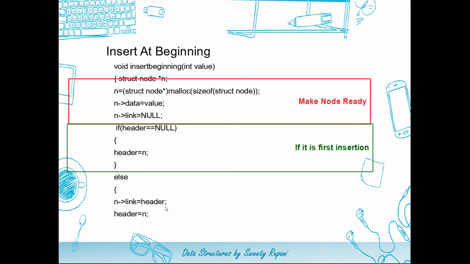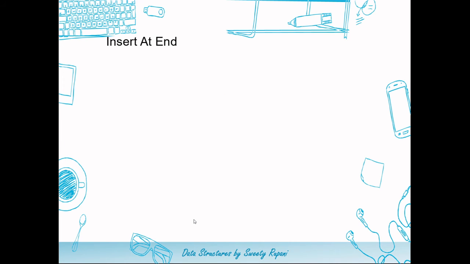So the header's value would be copied to the newly created node's link part, and header would be updated to point to the newly created node. So this is the else part which would be executed for any subsequent insertions. Any number of nodes you can insert at the beginning, for all those cases, the else part would be executed.